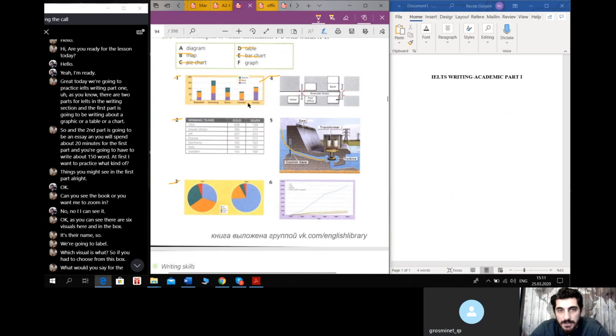This is a diagram. So you might also see something like this in the IELTS writing the first part. And the final one, what do you think the final one is? There's only one option. It's a graph. As you can see, you will usually see something like this, and it will show an increase or a decrease, a lot of information.